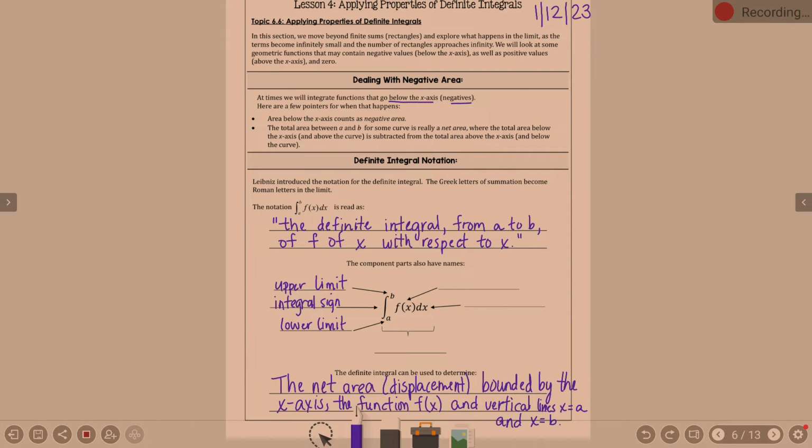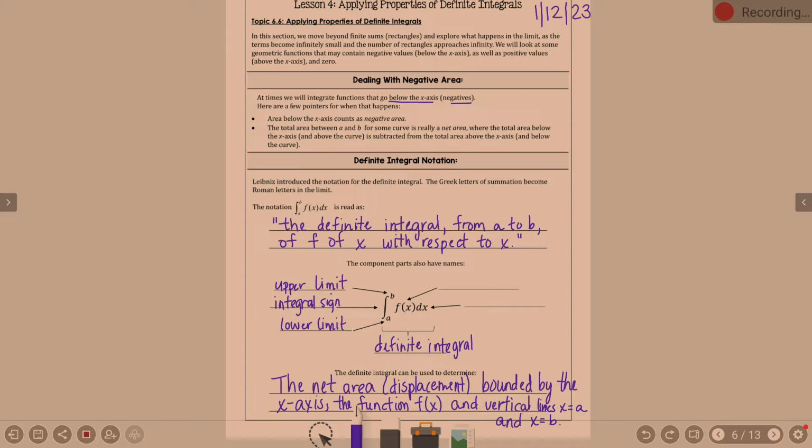Down below, this whole expression is the definite integral. And I will say it's a definite integral because it has the boundaries or the limits of A and B. You might hear me say boundaries instead of limits. But it's a definite integral. We'll talk about indefinite integrals eventually too.